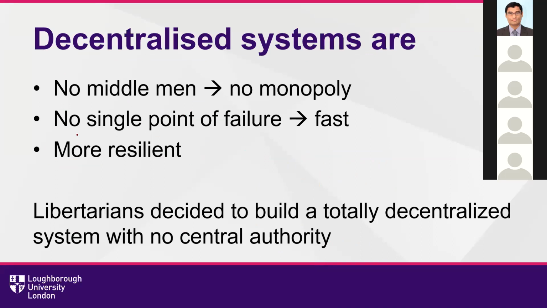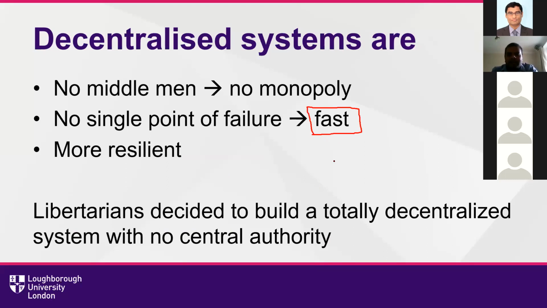Also, the decentralized system is fast, right? I remember, when I was studying in Sri Lanka, I wanted to get my O-level certificates, and I had to go to Battaramulla. Getting a certificate took about 3 days, because there was a mistake in my name.